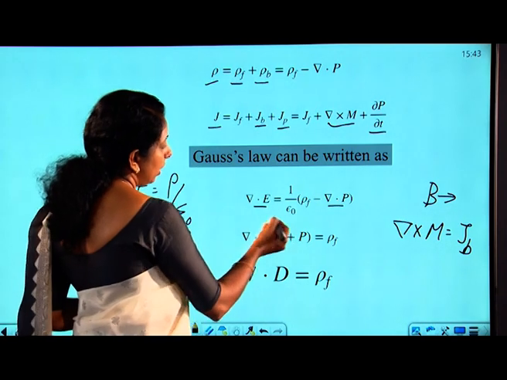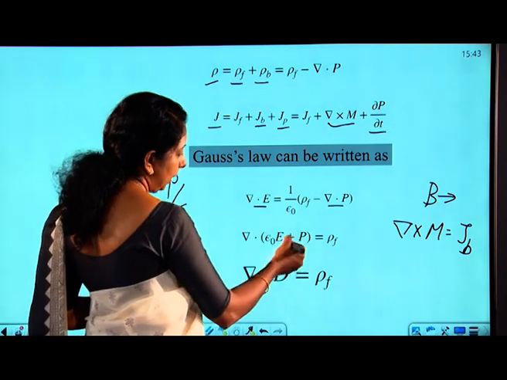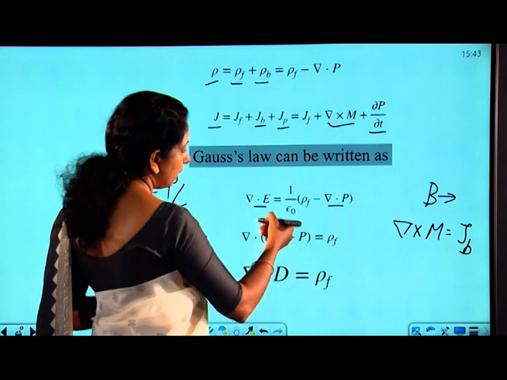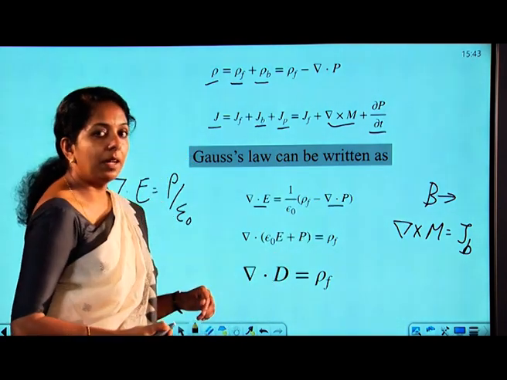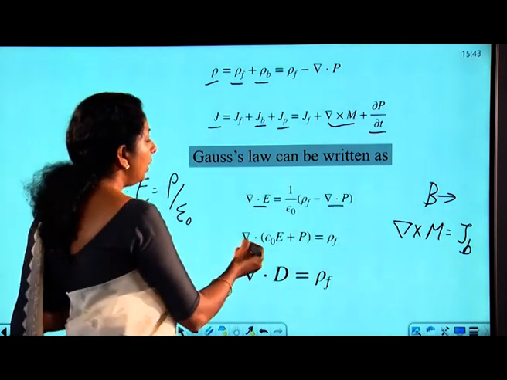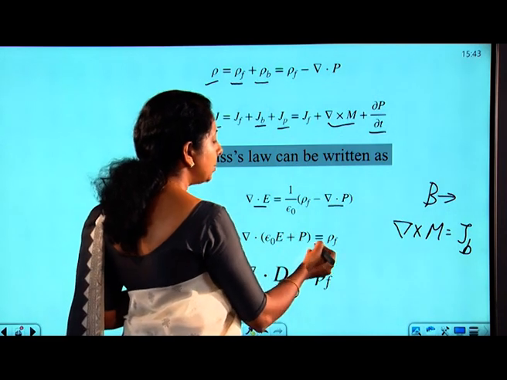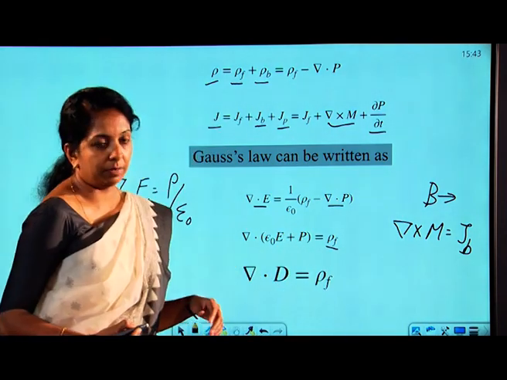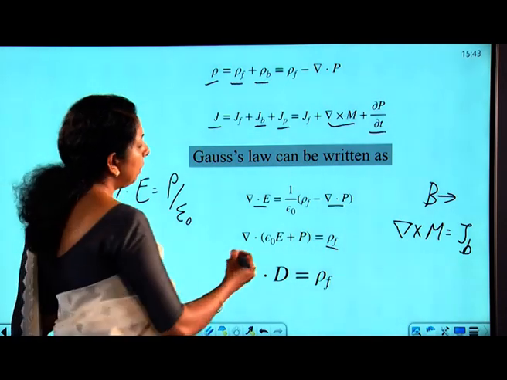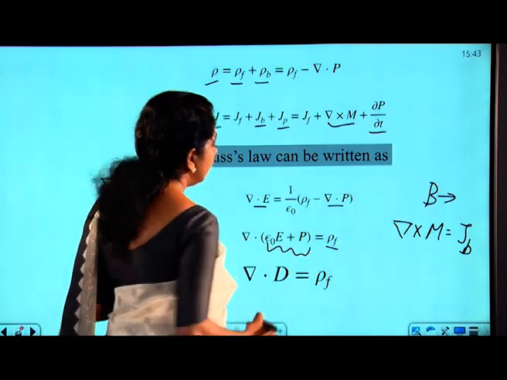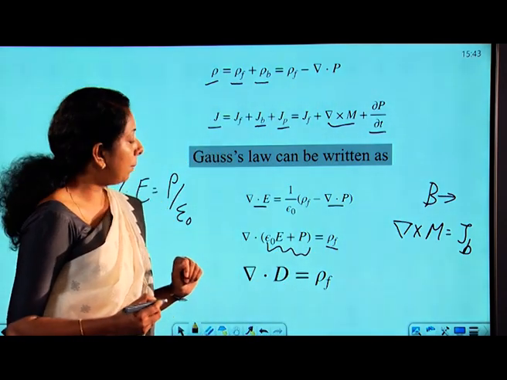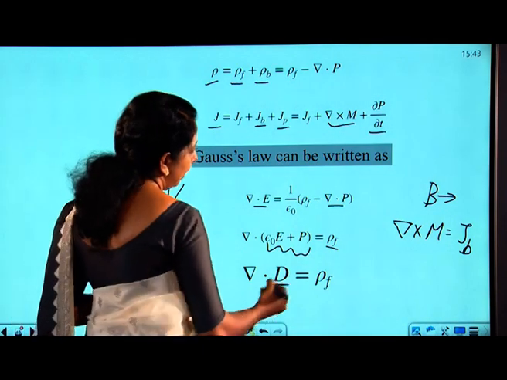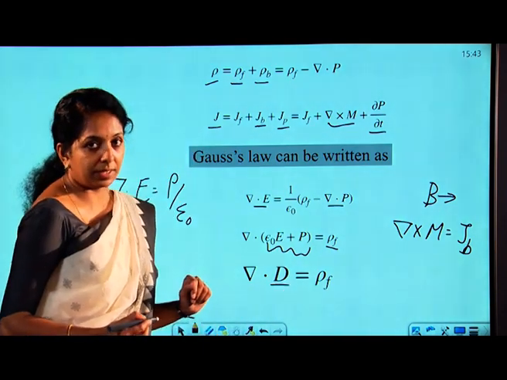So, del dot epsilon 0 E plus, because we are taking this term to the left side, minus del dot P becomes plus del dot P. So, del dot of epsilon 0 E plus P is equal to rho_f. Now, we label this quantity, epsilon 0 E plus P, as D, which is known as electric displacement.